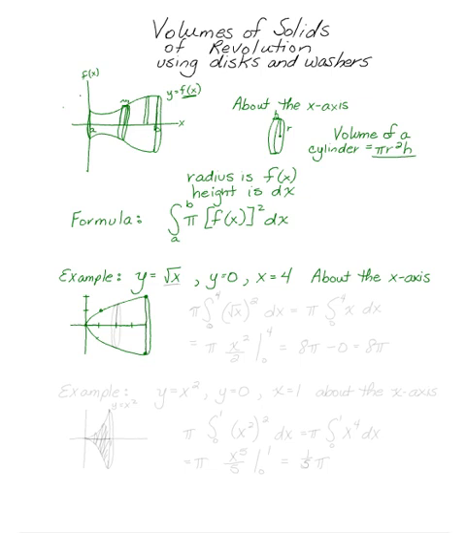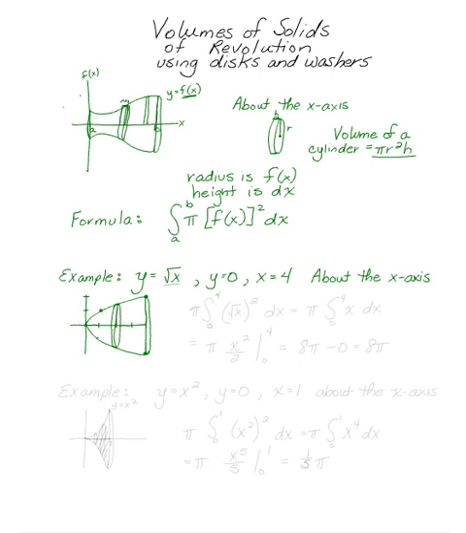Okay, so we'll have this solid of revolution. It's going to look like this. And if we look at a representative piece of this, we're going to take a slice out of this. We'll get some cylinders.